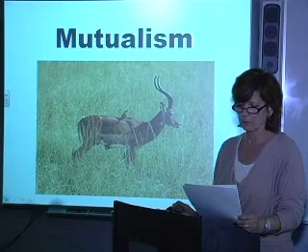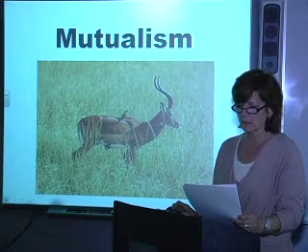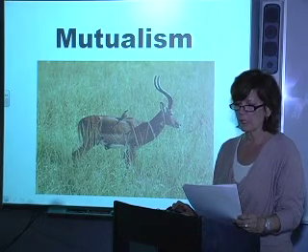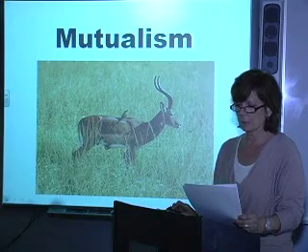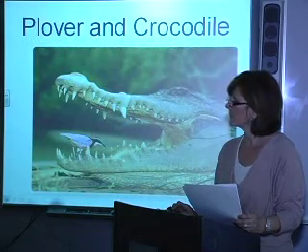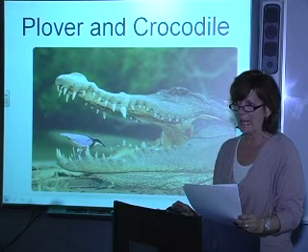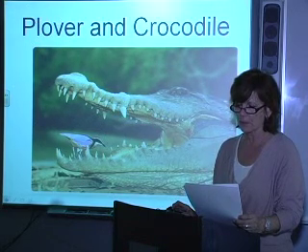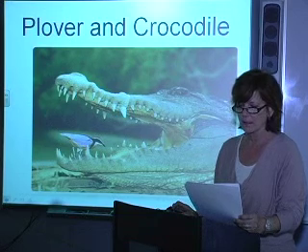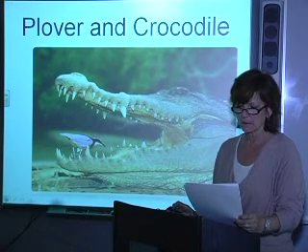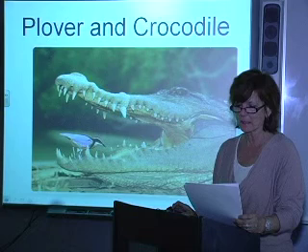For example, crocodile birds, called Egyptian plovers, are an example of mutualism. According to legend, they hang out in a crocodile's mouth to pick food from their teeth. The plover gets to eat, and the crocodile gets its teeth cleaned.